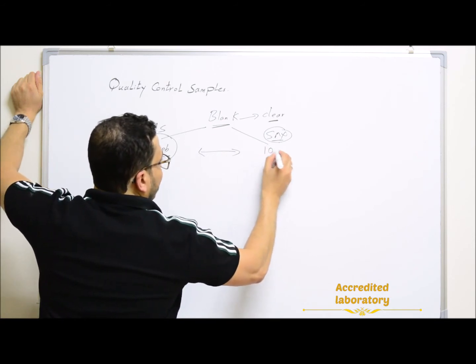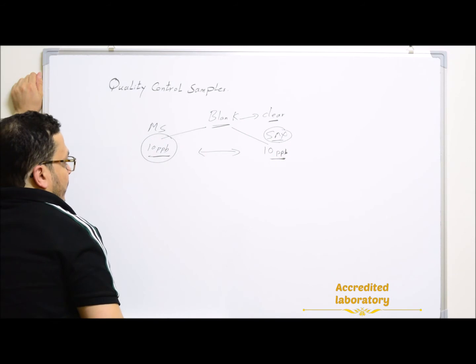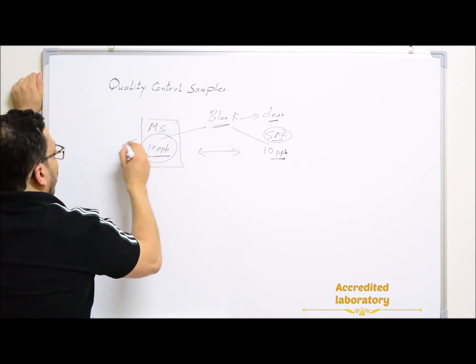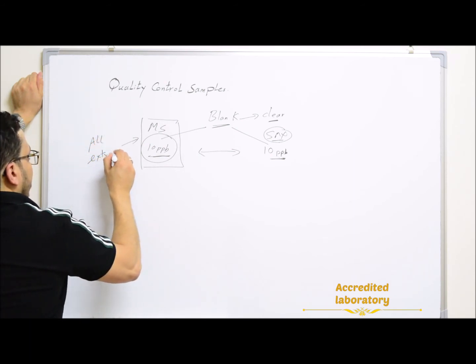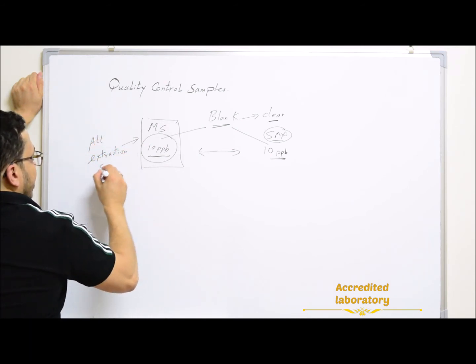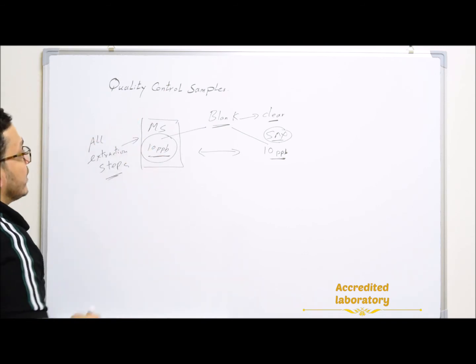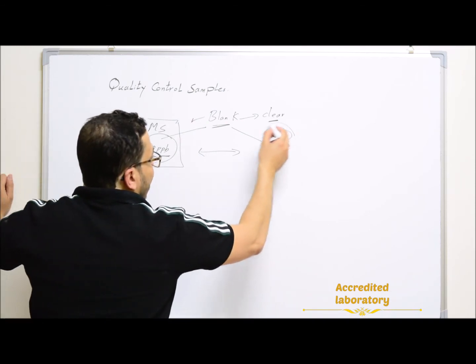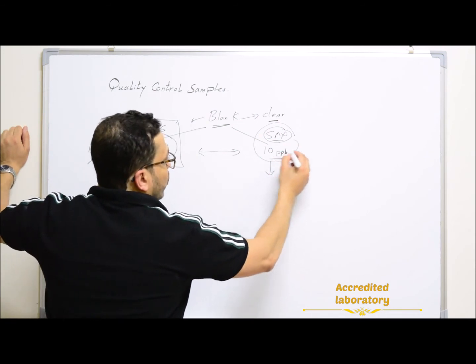So you will also add 10 ppb on the blank sample. The matrix spike will take all extraction steps from the beginning to the end. The blank sample also will take all extraction steps. For the standard matrix, at the end, you will spike your sample with 10 ppb.